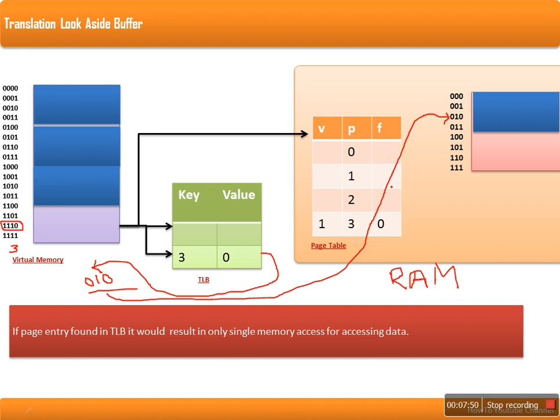The translation lookaside buffer is a cache memory which stores recently accessed page entries. This cache memory is limited, so it can store only a limited number of page entries. In the next lecture I will explain page replacement algorithms in memory management. Thanks for watching.